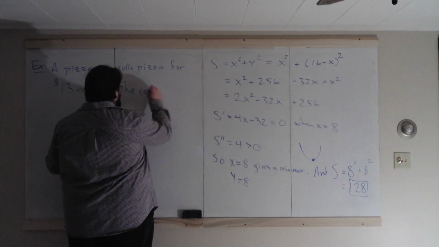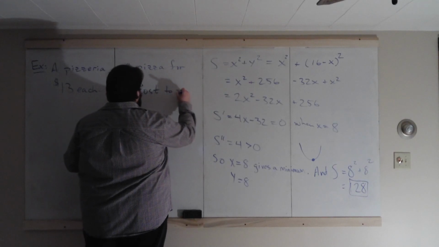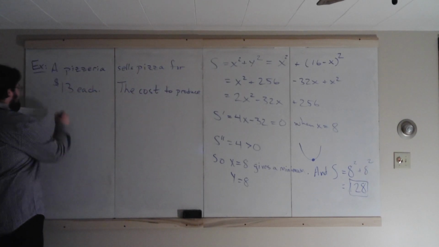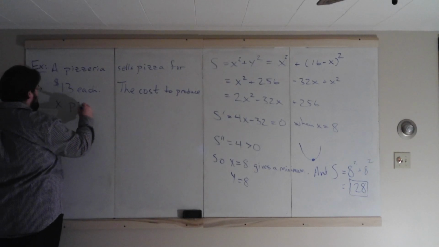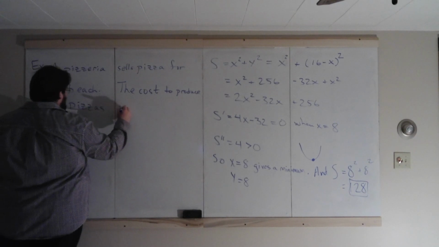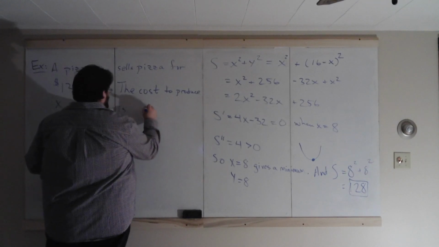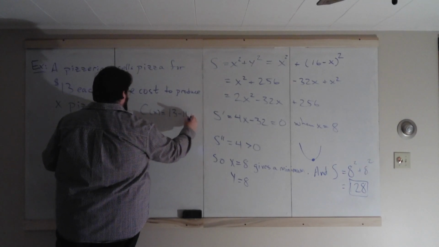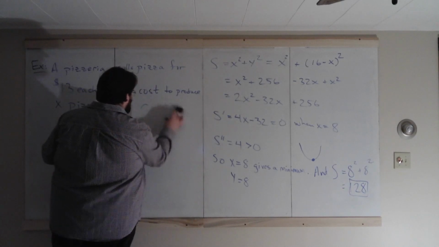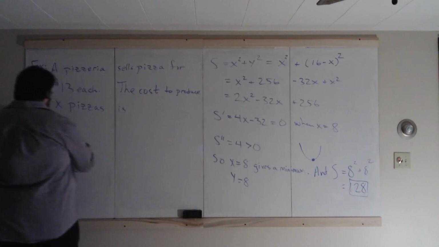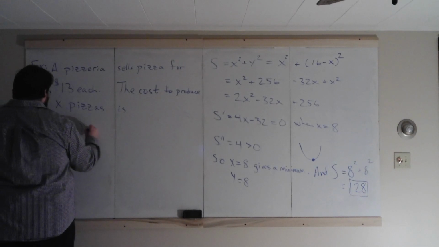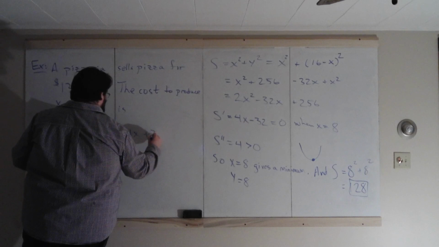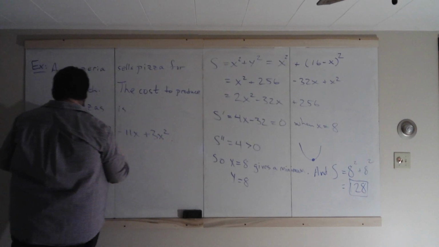The cost to produce x pizzas is a cost function. The cost function equals 13 minus 11x plus 3x squared.